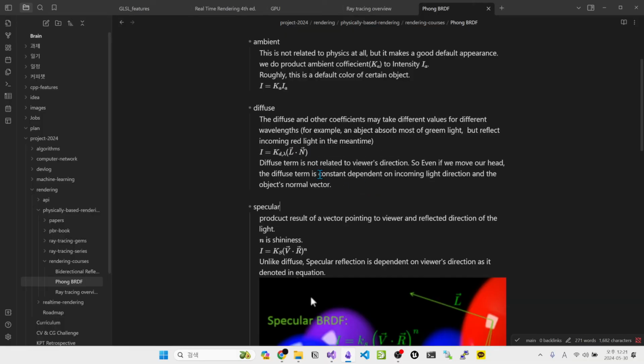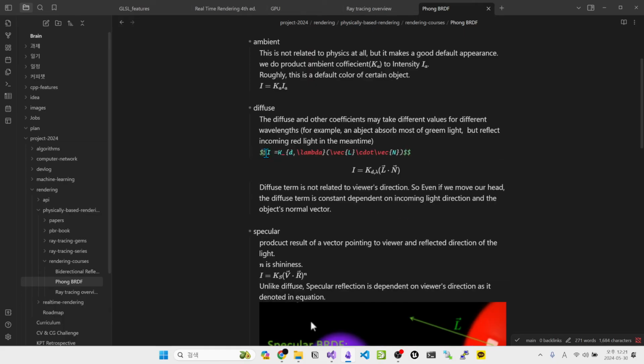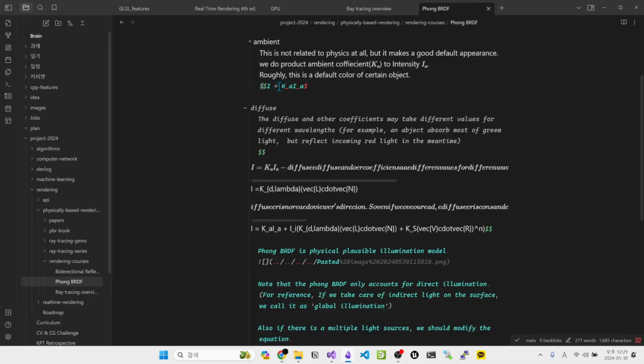And the diffuse term follows this equation.